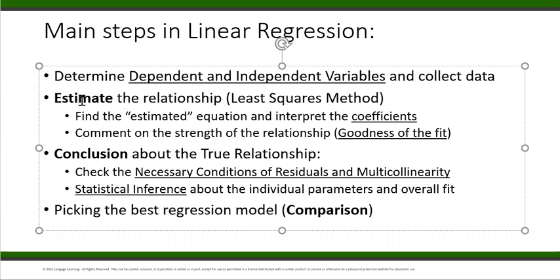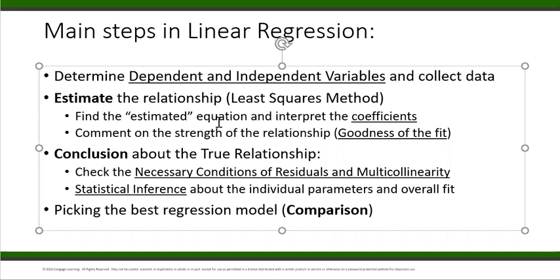We are approximating the relationship coming from sample data. So we're going to use least squares method. We're going to talk about the details of that. We use that to estimate the relationship and we find the estimated linear equation.